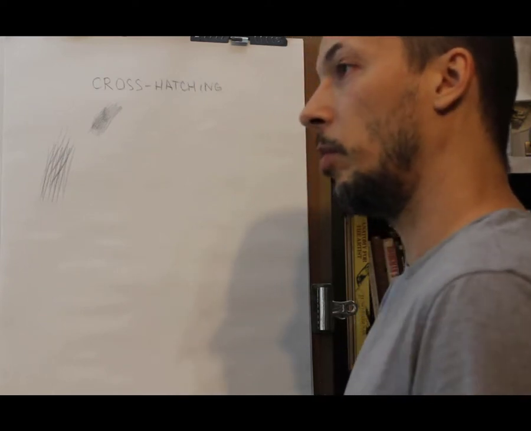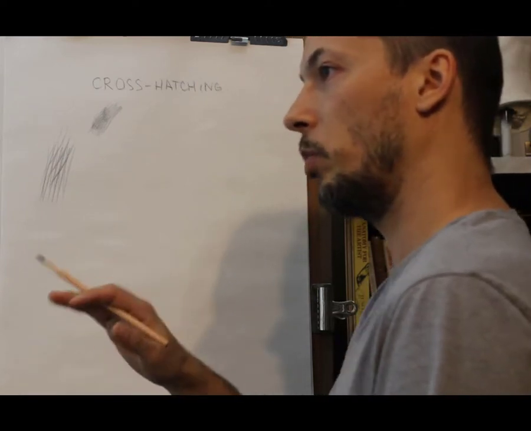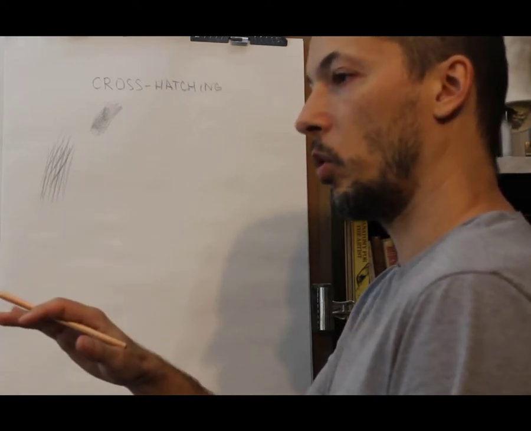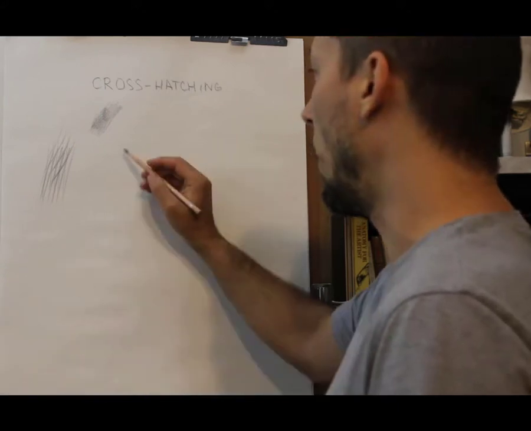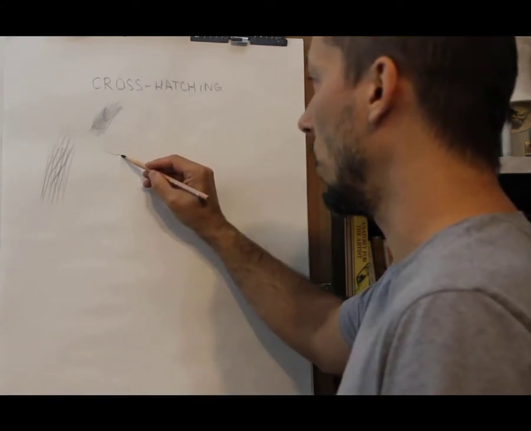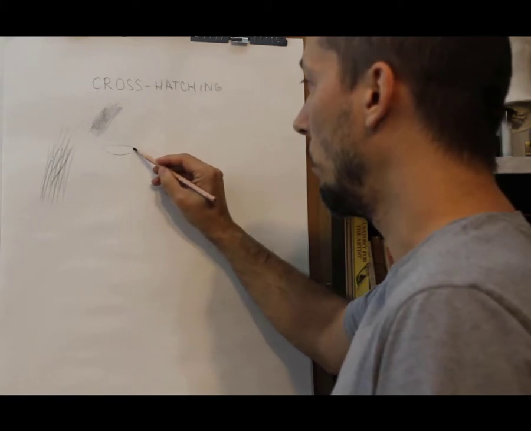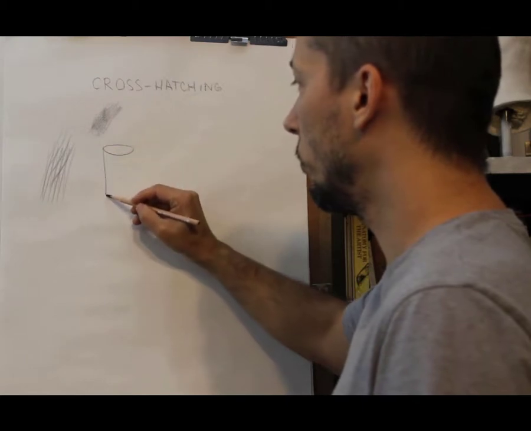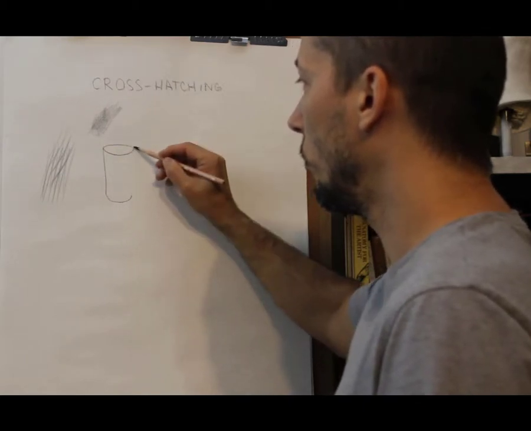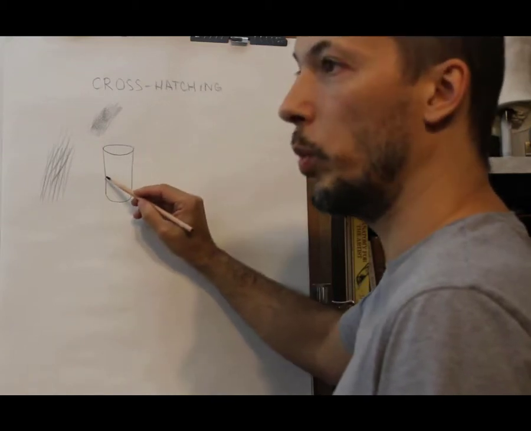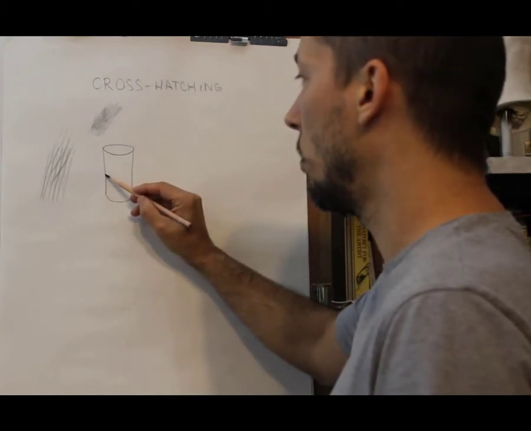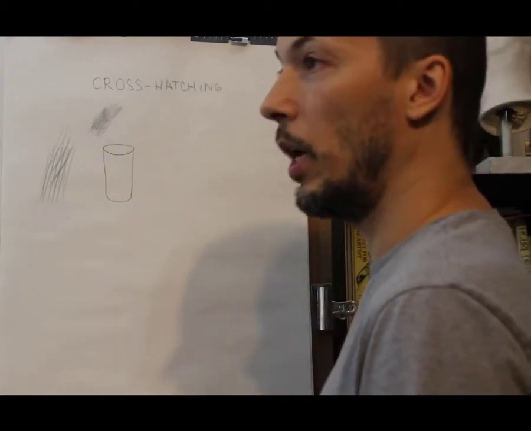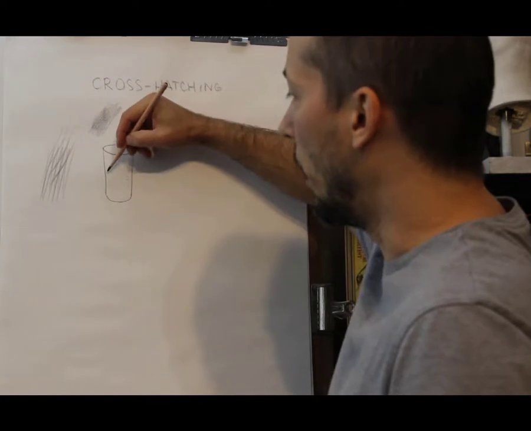But I also want to think about how to make not just hatch marks, but suggest the turning of the form. We talked about cross contour, how to describe something that's more or less round, let's say a simple cylindrical form. The cross contour would be going across that form. And some people actually do the cross-hatching by going across.